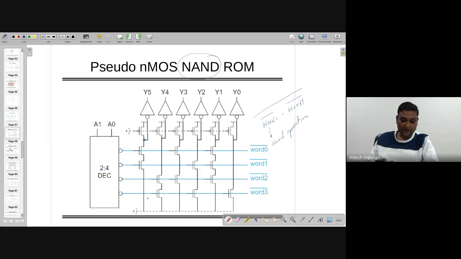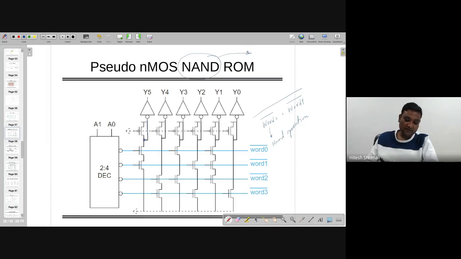But the good part is that it has a lesser area compared to the NOR, and that's why most of the time people are making NAND memory rather than NOR memory, because everything associated with memory is the cost of area. You want to see a smaller and smaller memory stick, right? You don't want the bigger one.